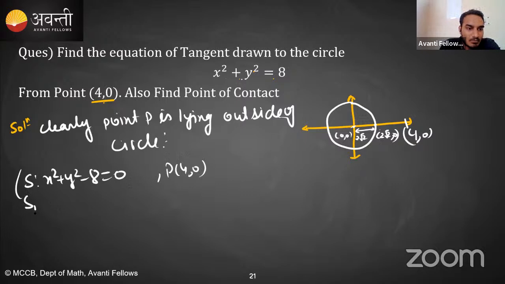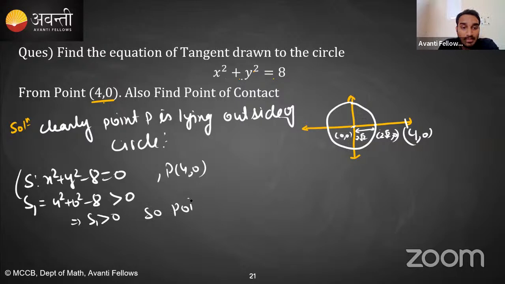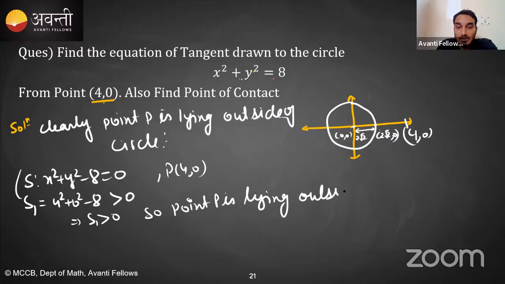What is S1? Put the point in the circle. S1 is 4 square plus 0 square minus 8, which is greater than 0. So S1 is greater than 0, so point P is lying outside of the circle. Is that clear, everyone?